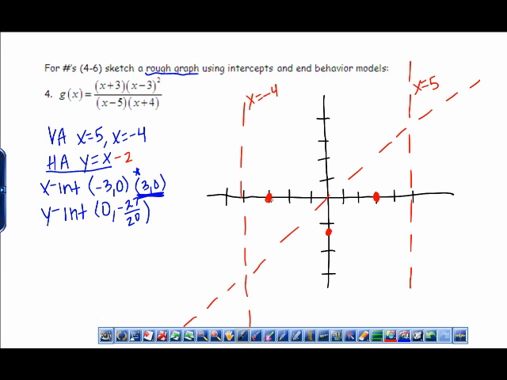Okay, connect your dots. Now again, no big deal that you're crossing this asymptote in the middle. It's end behavior that we're concerned with. All right, from here, I have nowhere to go but up. Okay, oh, I'm sorry. Let me back that up. This was our even multiplicity root. So it's not going to cross through. It's going to bounce down, and then here there's nowhere to go but down.